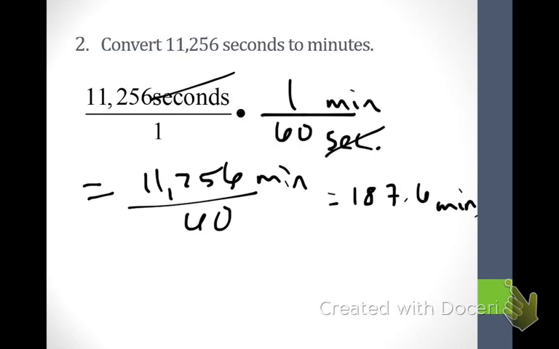For instance, if this were minutes and we wanted to convert it to seconds, then in our new ratio, we want to divide out minutes. Our minutes would have gone down here, right? And so our seconds would have been in the numerator. And so the 60 would have been up here, and the 1 would have been down here. And so that would have told us that we're going to multiply the 11,256 times 60.